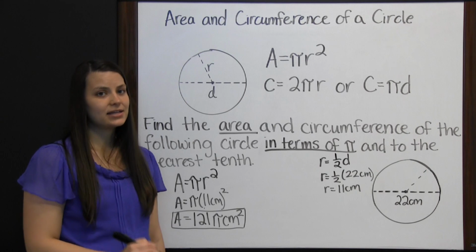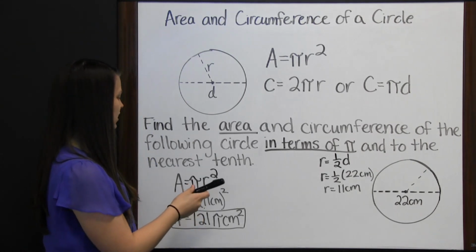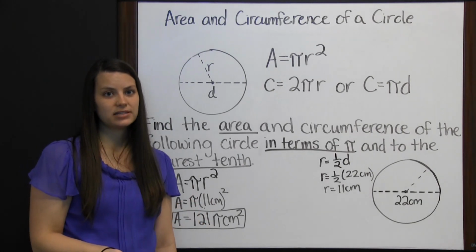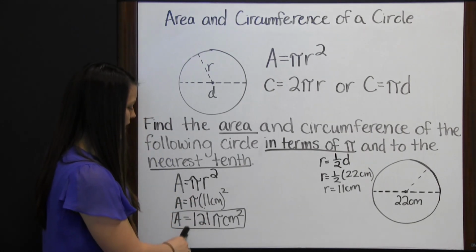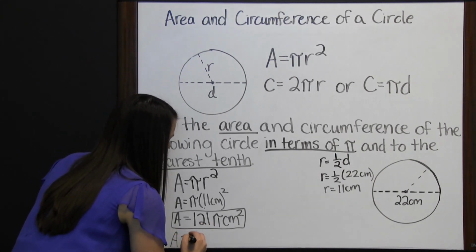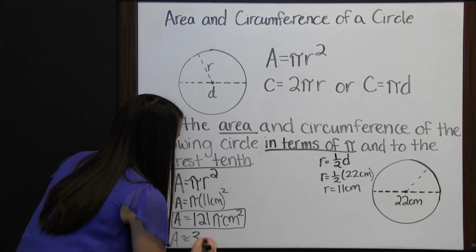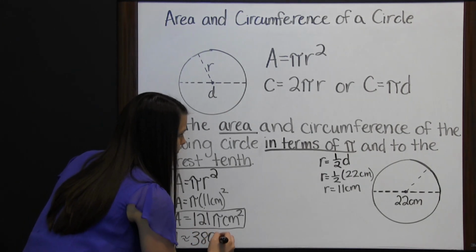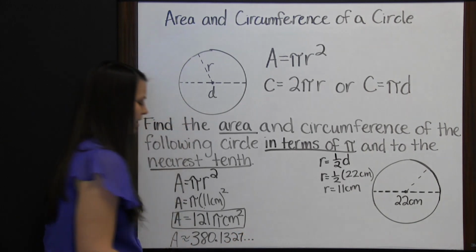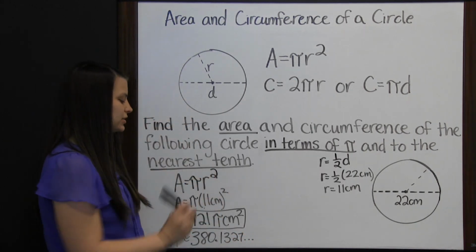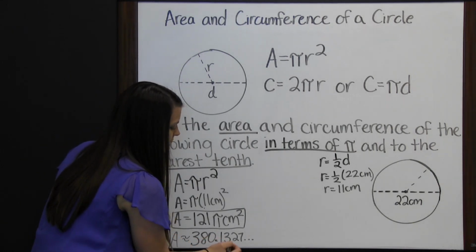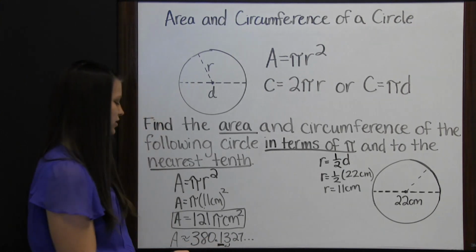The second way they asked us to find area was rounded to the nearest tenth. So now we do need to multiply times pi, and when you multiply 121 times pi, you get that the area is about 380.1327, etc. So since they asked us to round to the tenths place, the 1 is in the tenths place, but the 3 tells the 1 what to do.